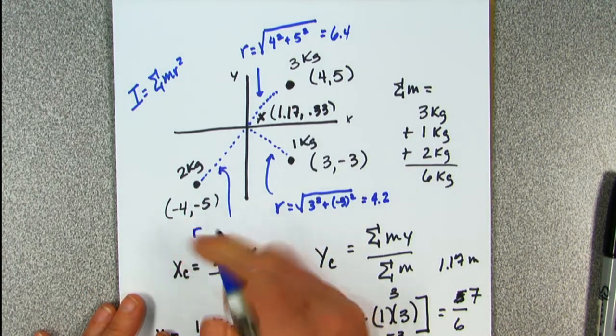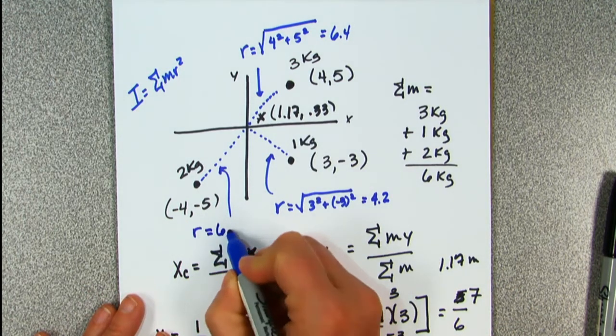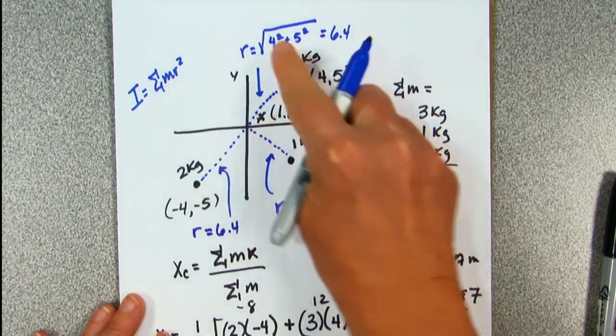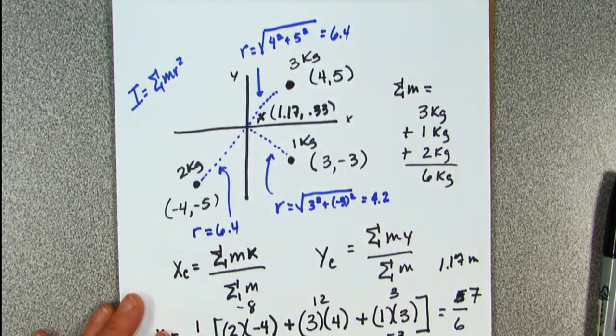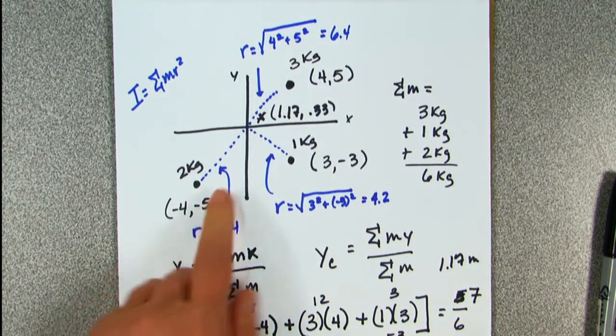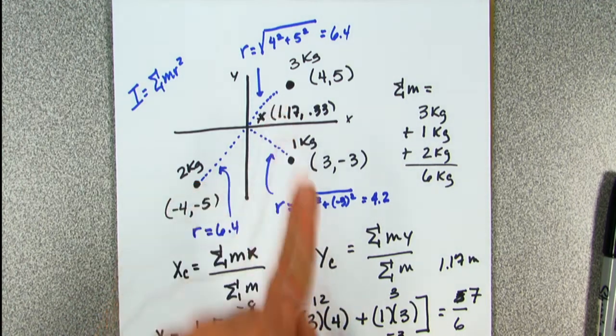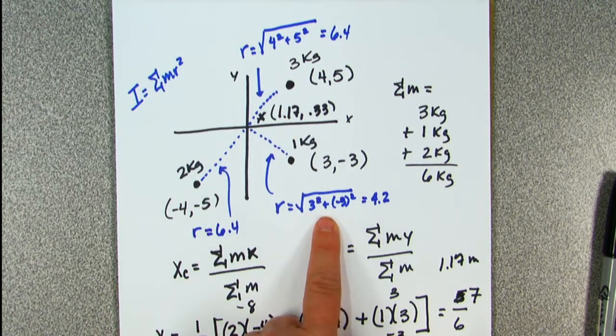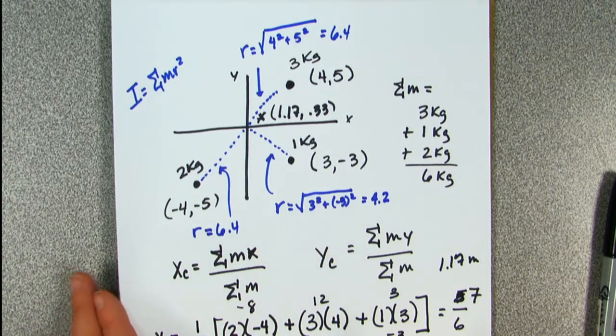And this one should be 6.4, because it's 4 squared plus minus 4 squared minus 5 squared. So my r is 6.4, my r is 6.4, my r is 4.2, if I'm going about the origin.